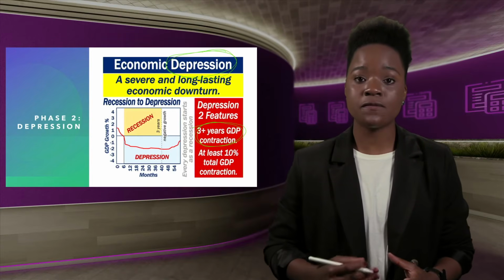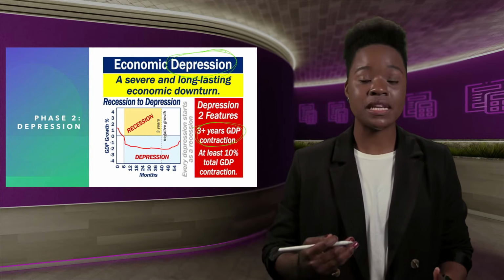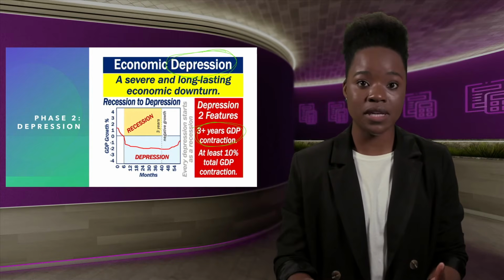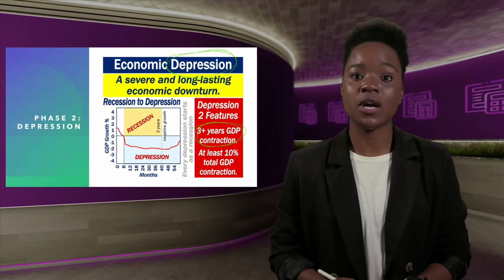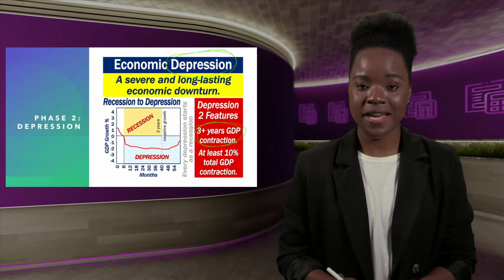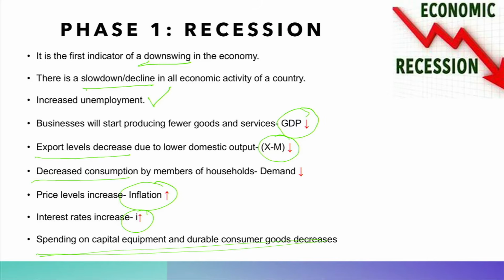But however, if for a year, then next year, then the year after, we have been experiencing increases in unemployment, increases in inflation, and all of that, then we know that we are in a depression. And also, this takes me back to our recession point. When we talk about recession, we must remember that it is 3 quarters.